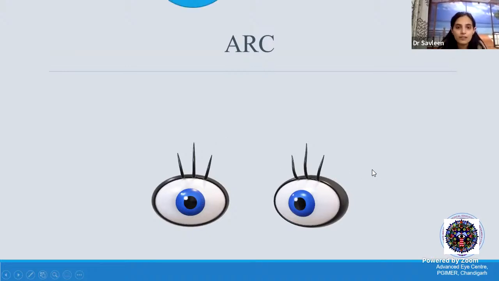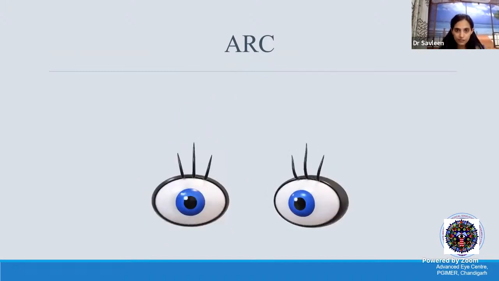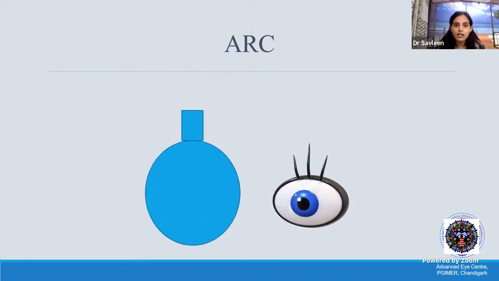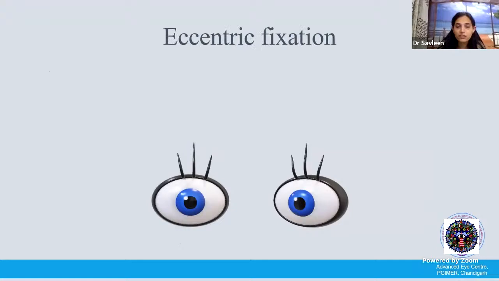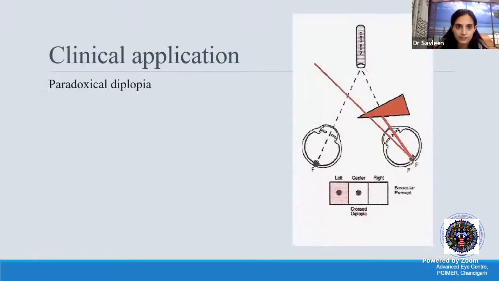So once you close one eye, this eye will move and the fovea will start getting fixated. But once you remove the cover, the eye will go back. So the eye has the potential to fixate with the central point, but is choosing not to. Vis-a-vis, say, eccentric fixation, where even if you cover one eye, the other eye will keep on seeing eccentrically. It will not fixate centrally as in the case of ARC.